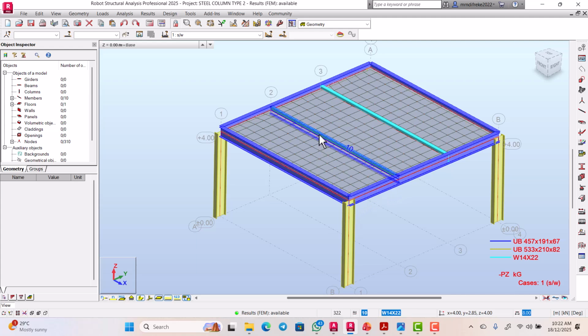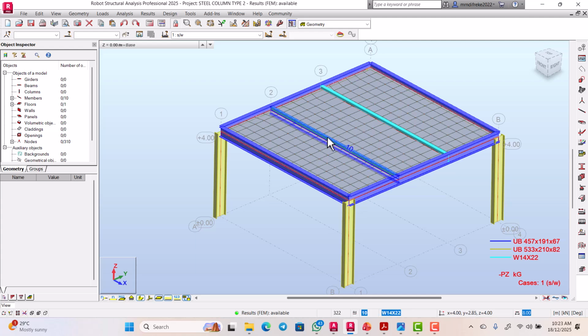Now, this beam is a restrained beam, and this one here is a restrained beam. Why is it a restrained beam? Because the top flange of this beam is being prevented from movement by the slab.